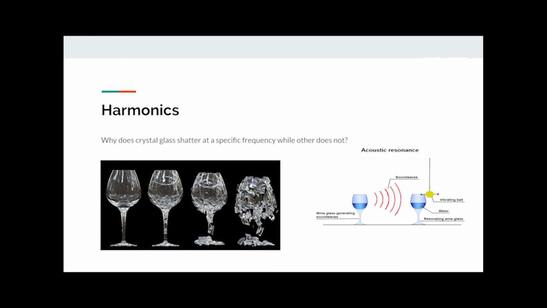However, the frequency at which it will vibrate the most is going to be a peak frequency where opposite sides of the glass will vibrate back and forth opposite of each other, causing it to break. It is because of resonance that it begins to.